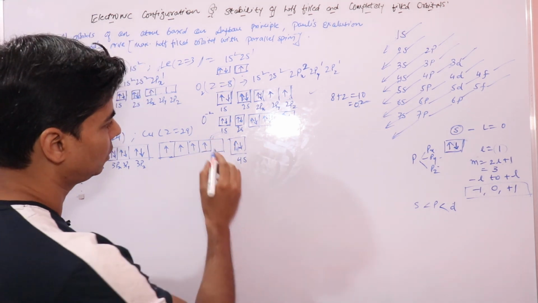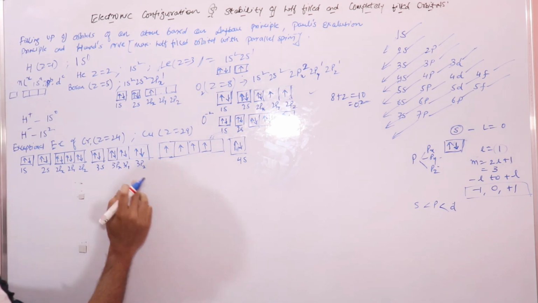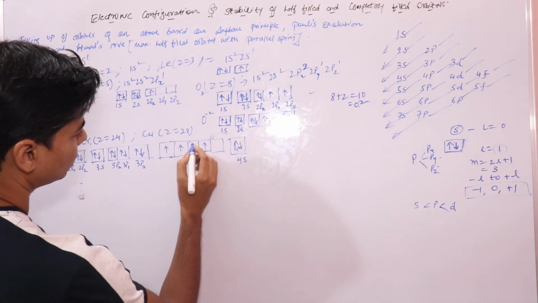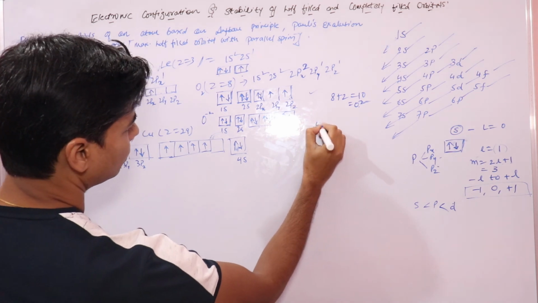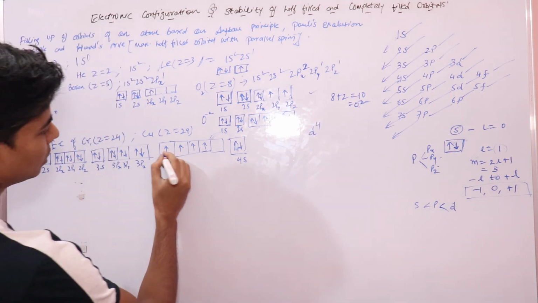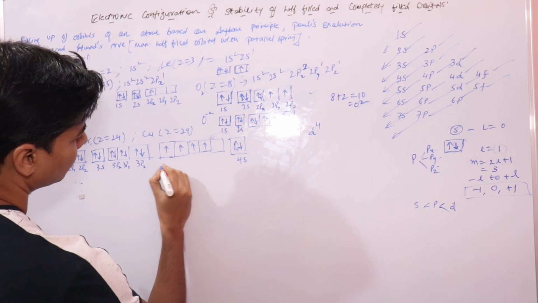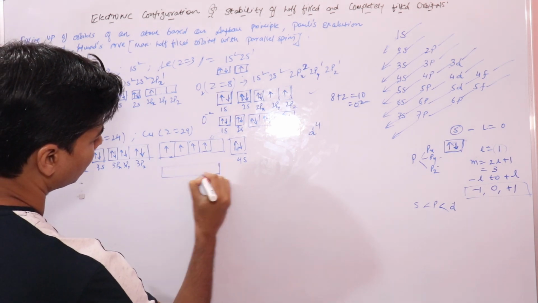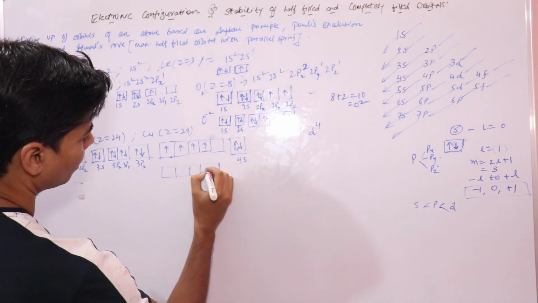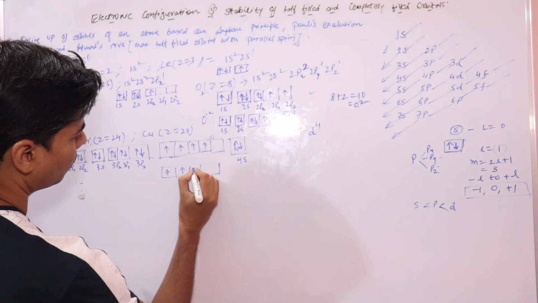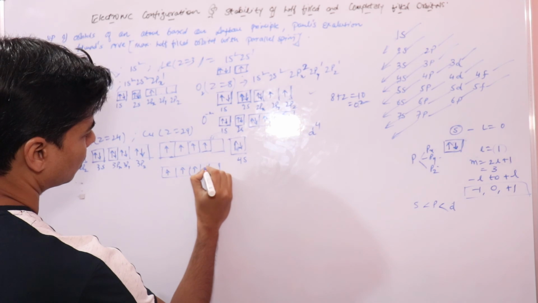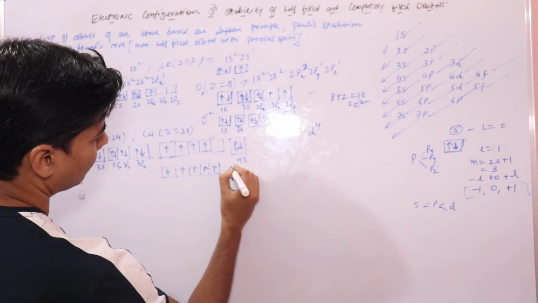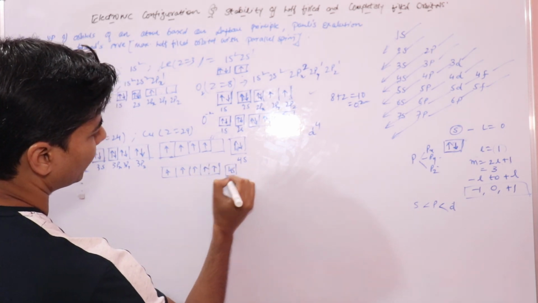If we write it like this, this will remain like this. So one electron, this is your d4 atom. So the electron will shift, and this will be 4s.